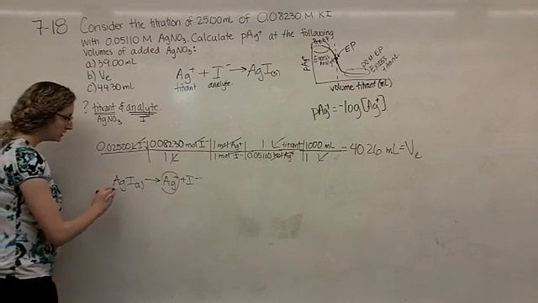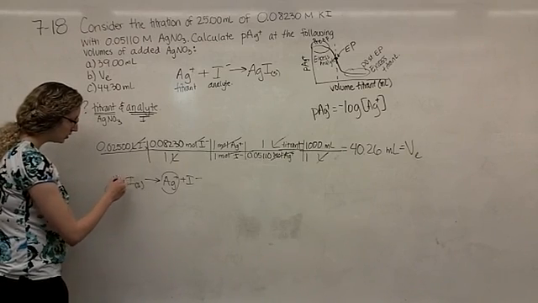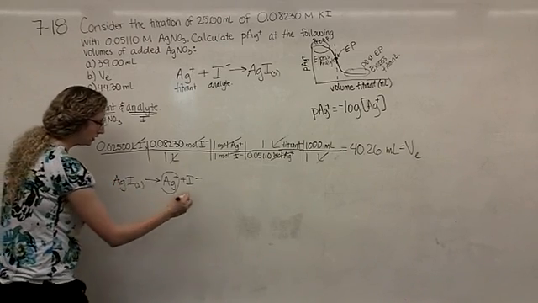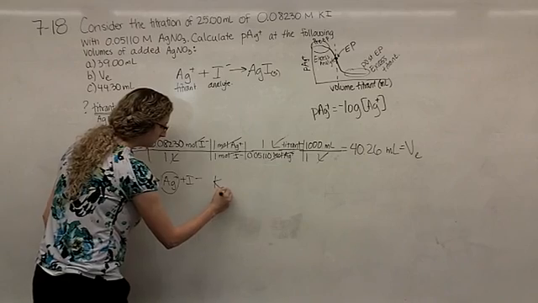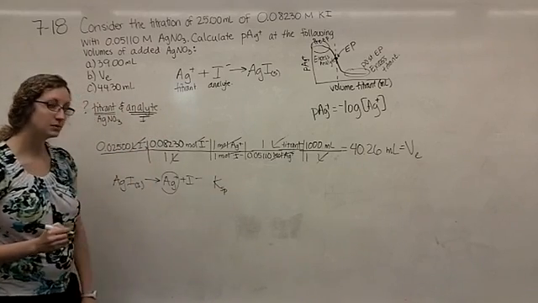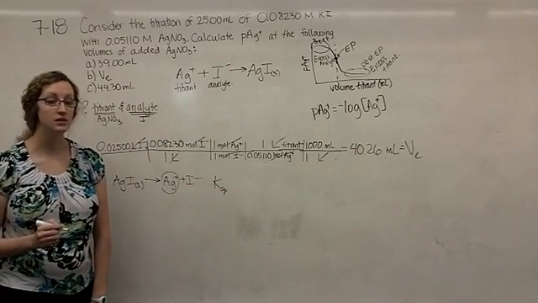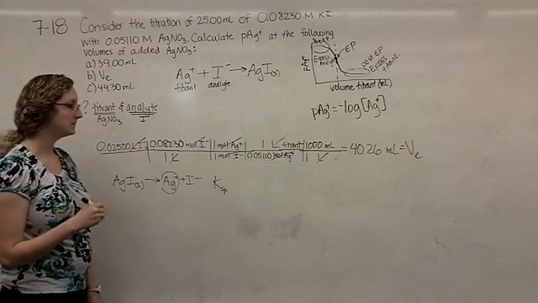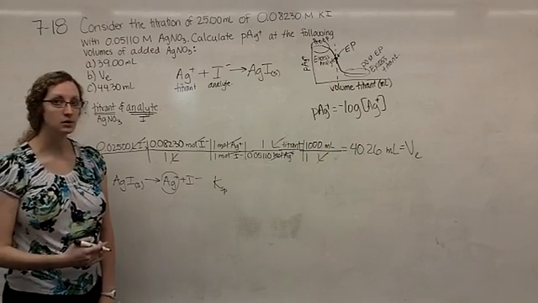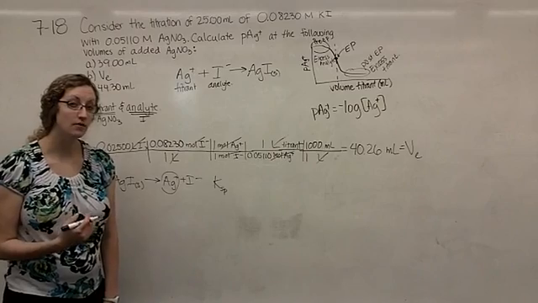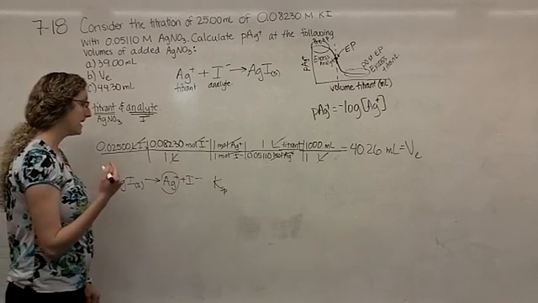Now, we don't need to know the solid, but we can look at what this equilibrium is. So we're going to assume, because we're in chapter 7, we are not going to use activities for this one, because that comes in chapter 8. For this one, we are assuming that the activity coefficients are 1, okay?